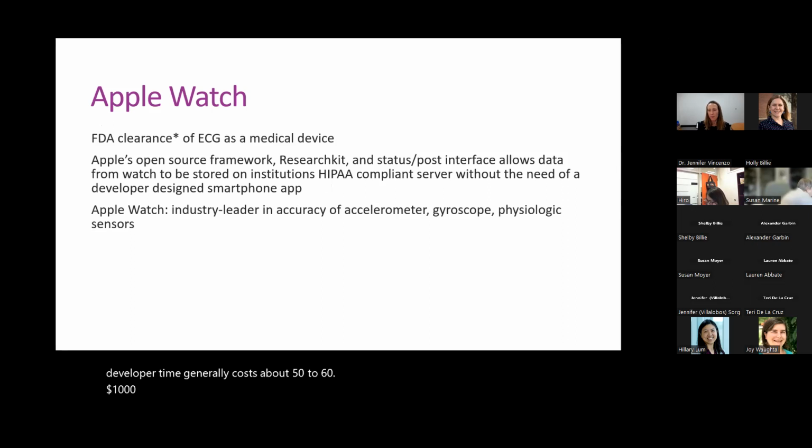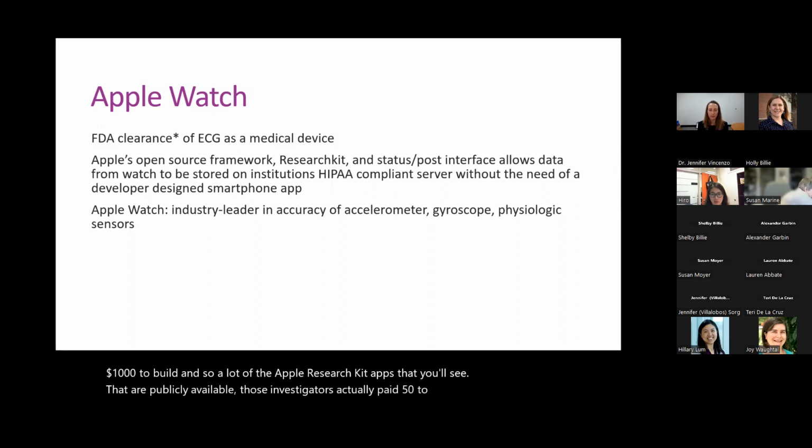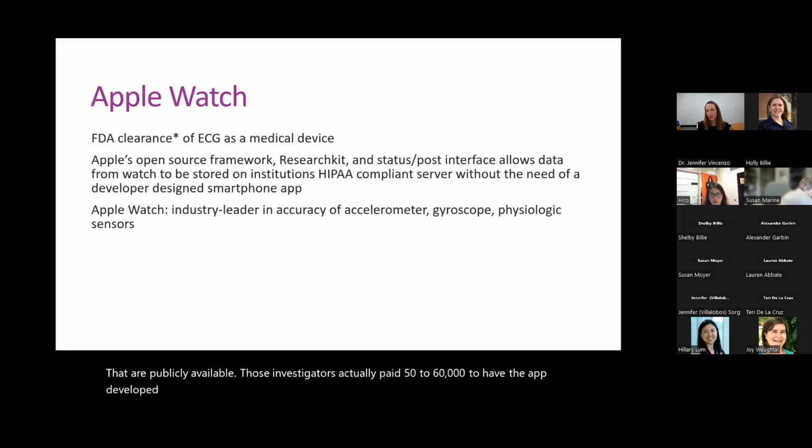A lot of the Apple ResearchKit apps that you'll see publicly available, those investigators actually paid $50,000 to $60,000 to have the app developed, but you can do this on a very small dime, such as is required in a career development award, by using stat posts, especially if you're very familiar with making surveys in REDCap.